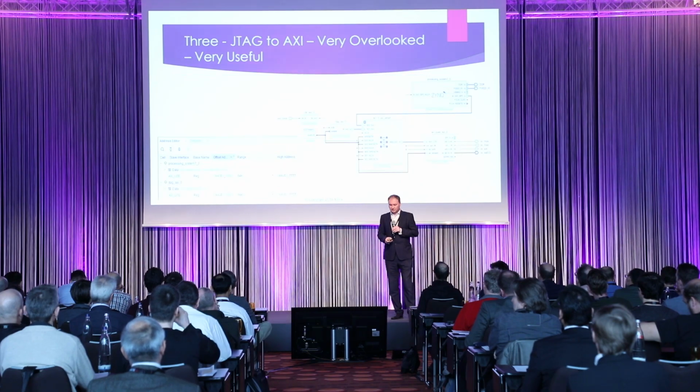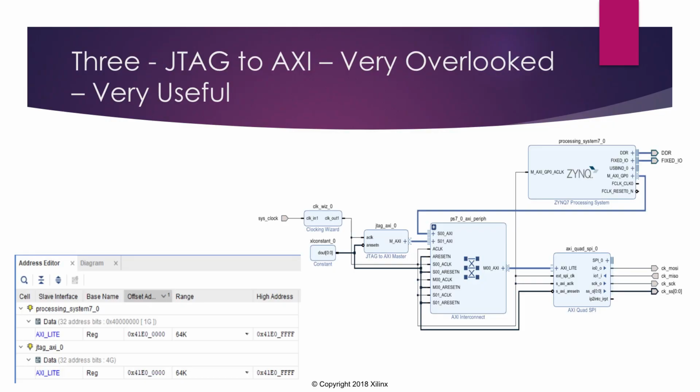The other one I mentioned, and I'm not too sure how many people use it, is the JTAG to AXI interconnect. It's something you can put in quite easily, and it allows us to control the AXI peripherals over JTAG. This is quite useful because a lot of imagers use SPI or I2C to configure them, and you don't necessarily want to write a huge amount of software to do it.